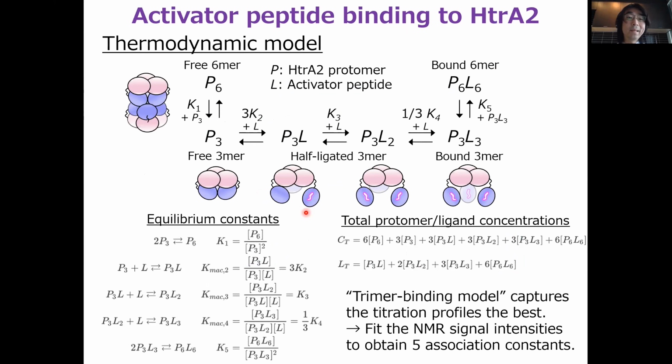In this model, the peptide does not bind to the hexameric state and only binds to the trimer state. And the binding of this peptide occurs in a stepwise manner, and then the fully bound trimer further oligomerizes to form a bound hexamer. This thermodynamic model can be described by using these 5 association constants, and we fit the NMR signal intensities to obtain these 5 association constants.